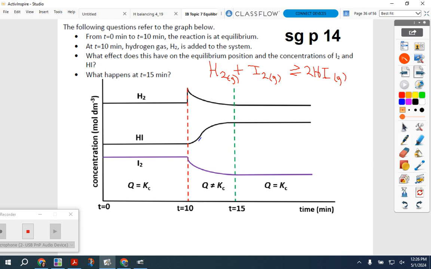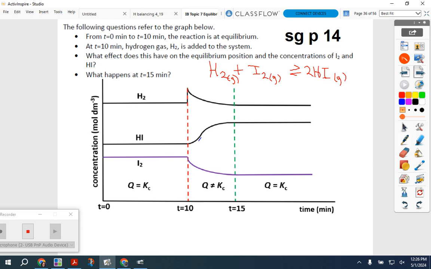How do we know that we are at equilibrium? Just looking at the graph, how would you know that you were at equilibrium between time 0 and time 10? Yes, the concentrations are constant.